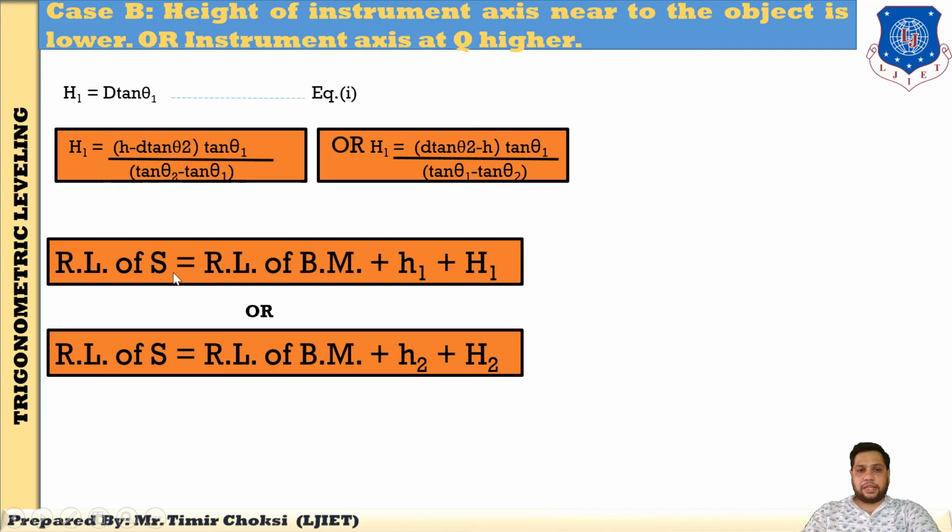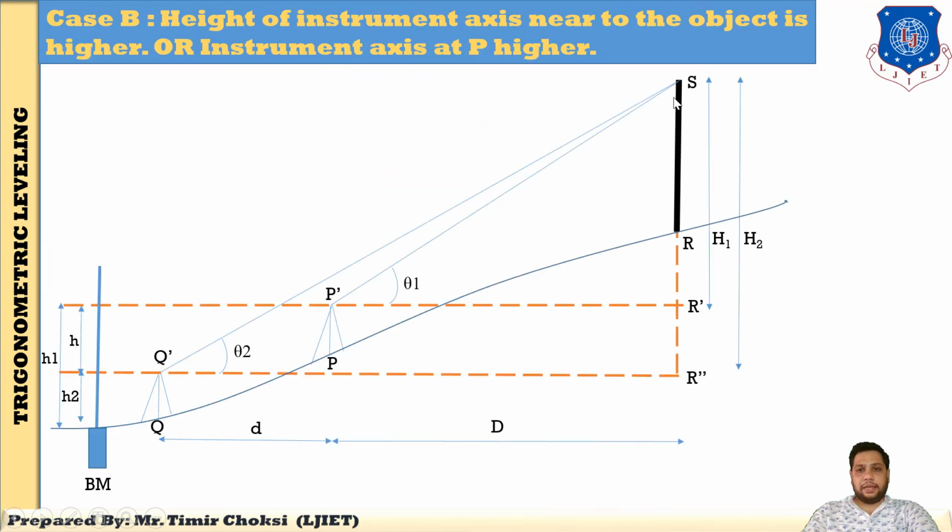Now the last step is to find the RL of S, the top of the point. So RL of benchmark plus small h1 plus capital H1. Similarly, for the second formula, RL of benchmark plus small h2 reaches the line of sight, then you add the value of capital H2.